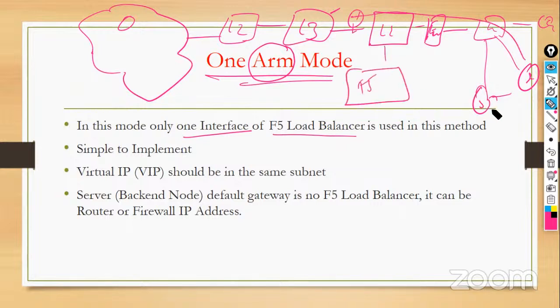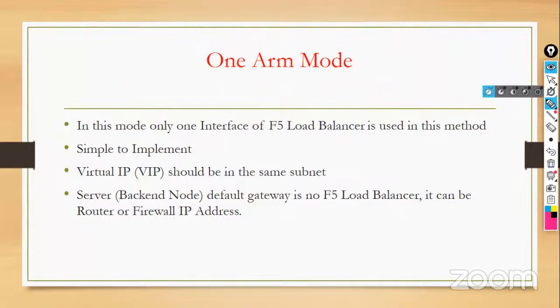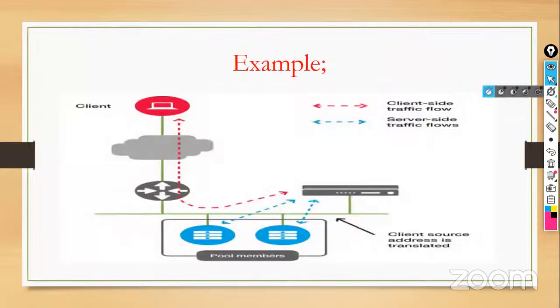If you have 1,000 servers, you will not do any configuration change at all. That's the reason the server, meaning backend node, default gateway is not the F5. It can be a router, your firewall, or maybe another switch as well, in the 1 arm mode. This is the one example we have kept.